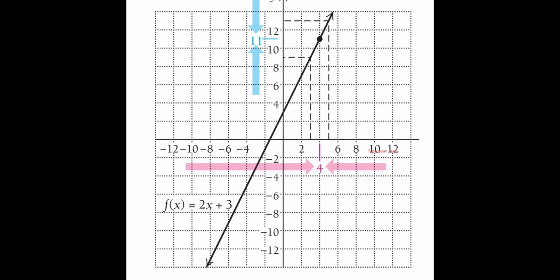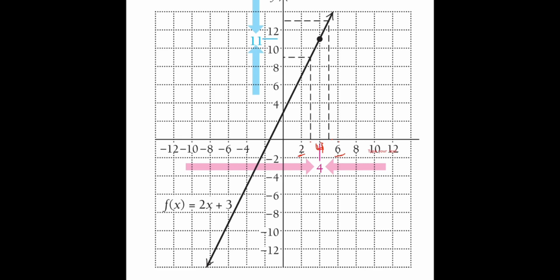Here is 2 and here is 6, so 4 lies between them: 2, 3, 4, 5, 6.